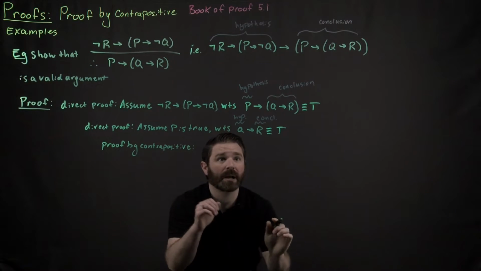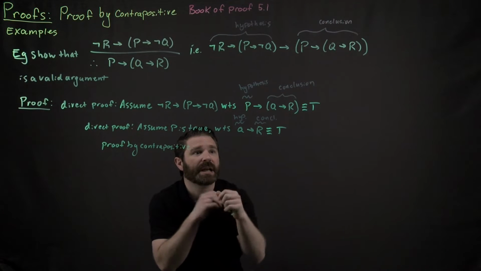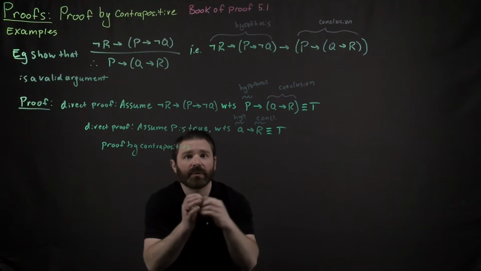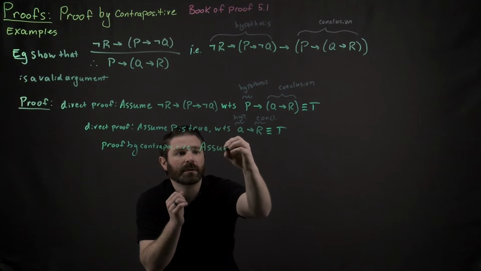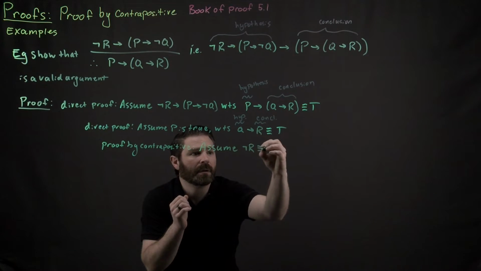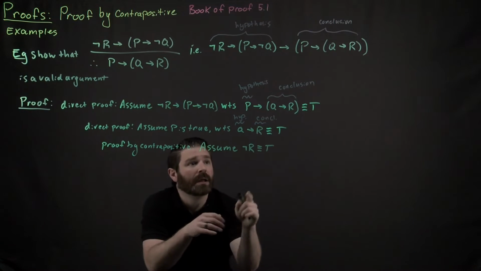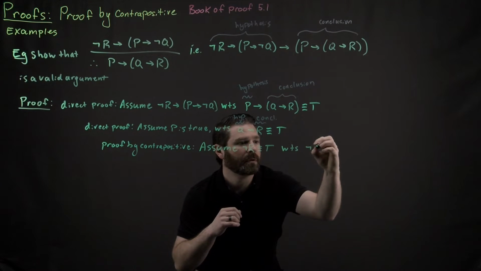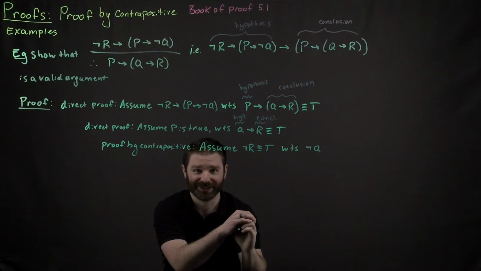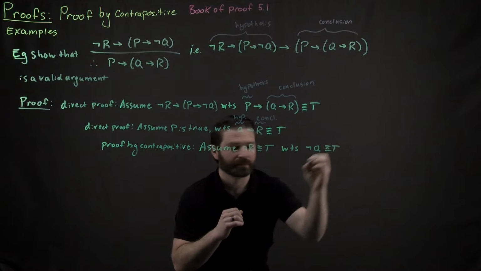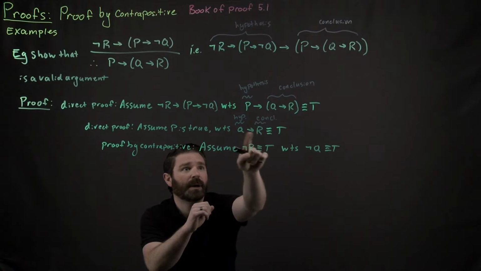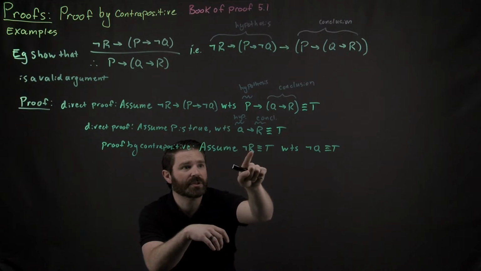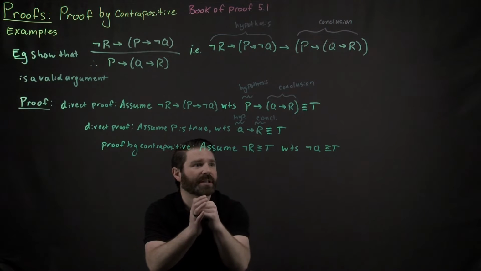So I'm doing a proof by contrapositive of just this implication, Q implies R. A proof by contrapositive means that we are going to assume not R, and we want to show not Q. Right? I took the contrapositive of this statement, not R implies not Q. Then you assume not R, I want to show not Q.